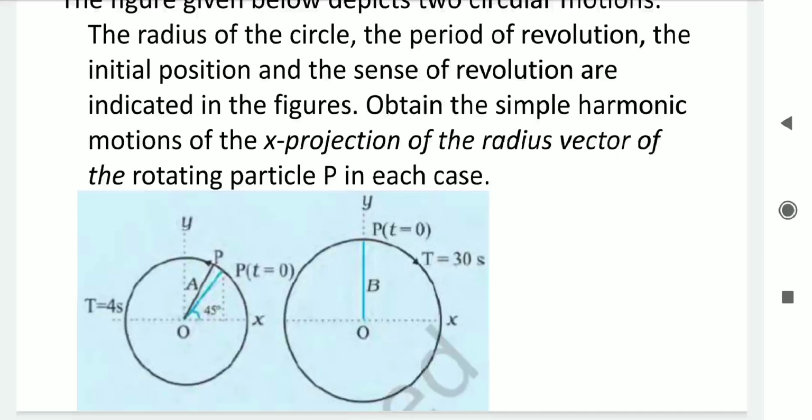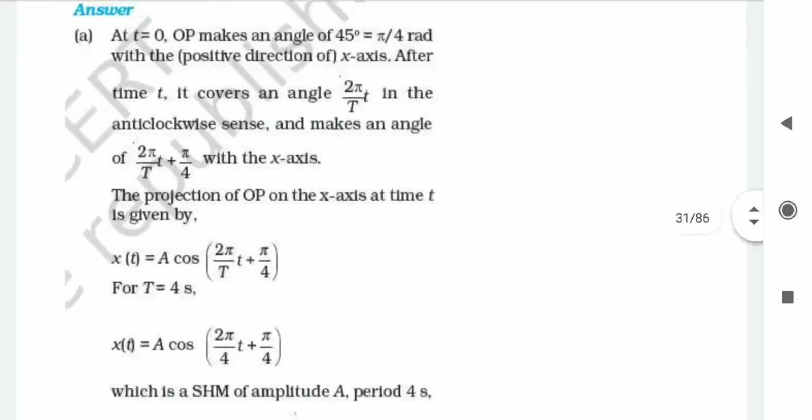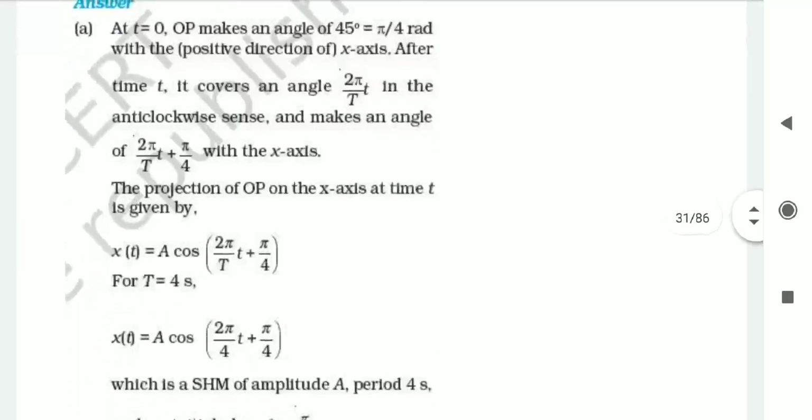So omega is 2 pi by T, and substituting the time period T as 4 seconds, we get x of t equals a cos of 2 pi by 4 t plus pi by 4. So this is a simple harmonic motion having an amplitude A, a time period of 4 seconds, and an initial phase of pi by 4.